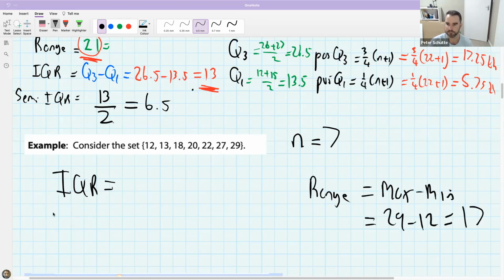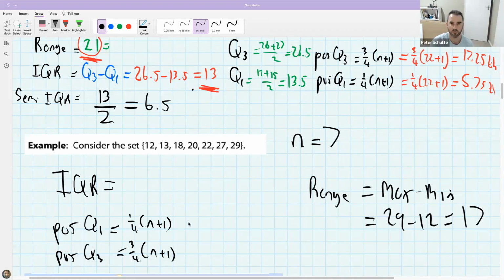Now, in order to find the interquartile range, let's start with the position. Now, what was my n again? My n was 7. So it feels to me like this should just be the second position, and this should be the 6th position.